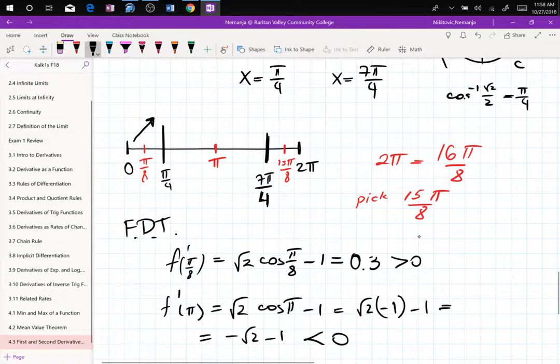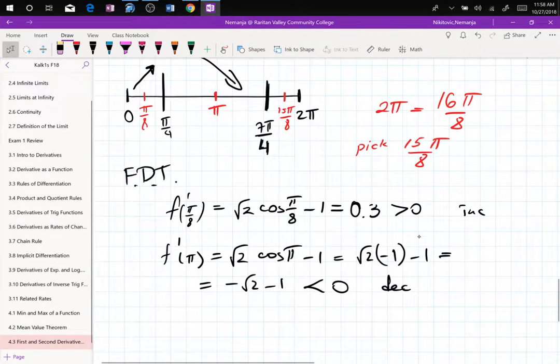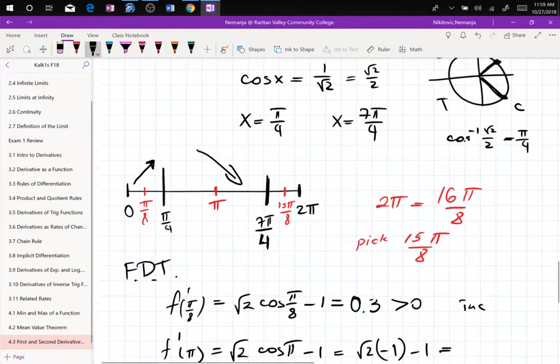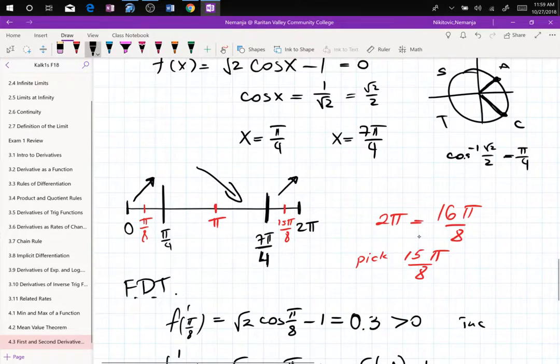I see it's less than 0, so it's going to be a decrease. And finally, we have f prime computed at 15 pi over 8, which gives us the same 0.3, which is larger than 0, so we have another increase.